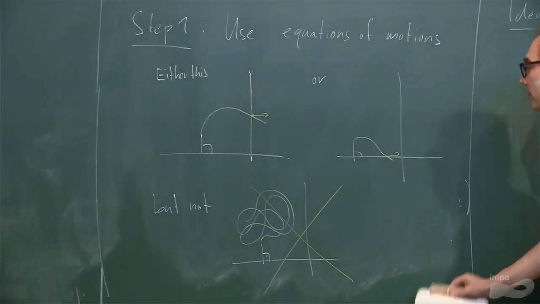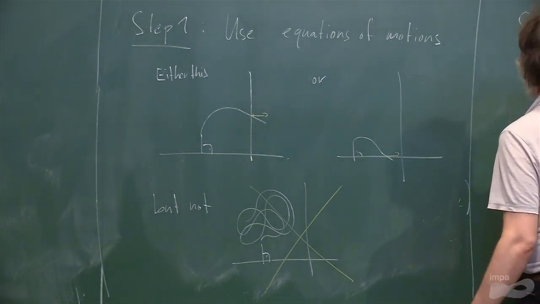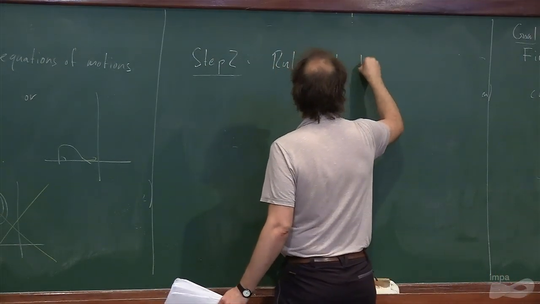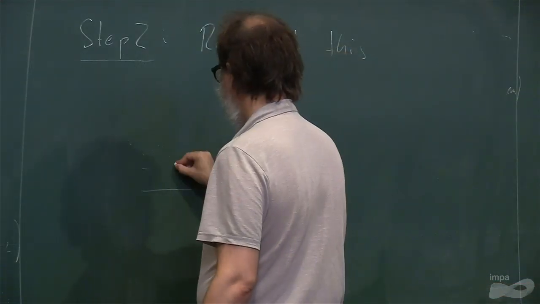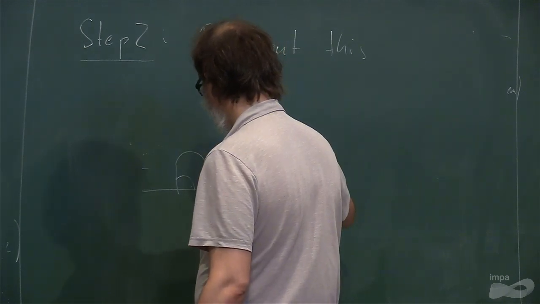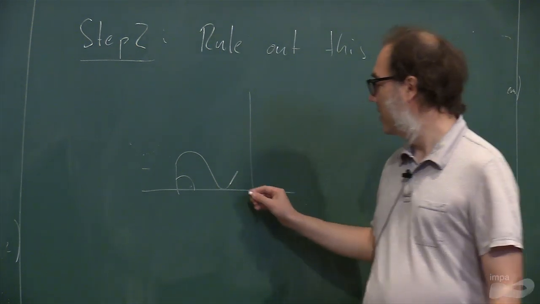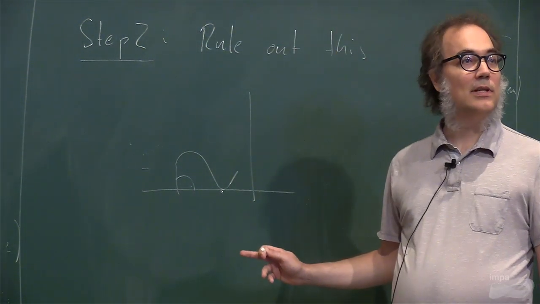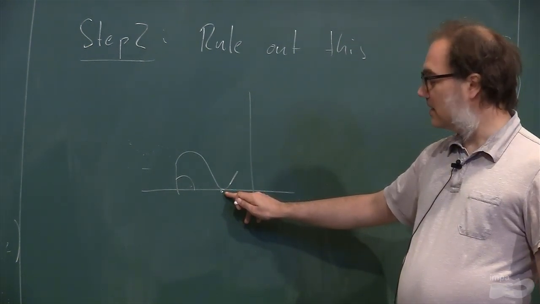So step 2 is to rule out this, namely that we just touch the x-axis. And we can actually understand why we can rule this out. Why does this not happen?